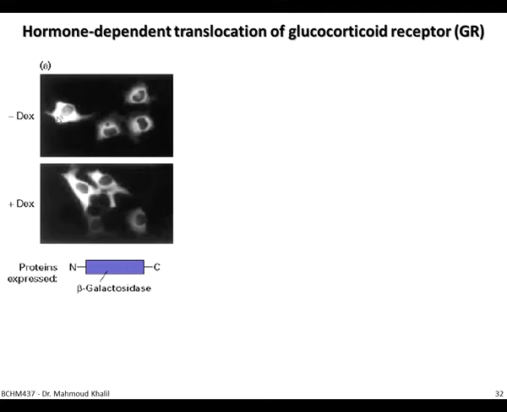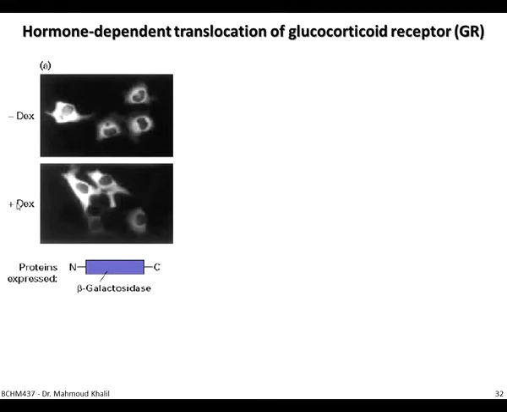You can see it is localized in the cytoplasm because the bright light is outside, in the cytoplasm of the cell, while the nucleus appears dark. That means this protein is only localized in the cytoplasm, whether there is a steroid signal or not: minus means no steroid signal, plus means there is steroid signal.